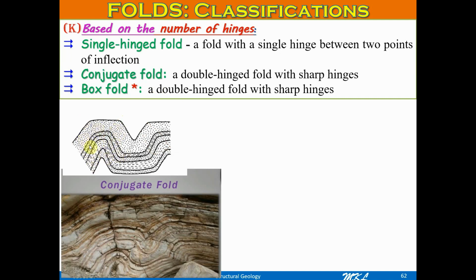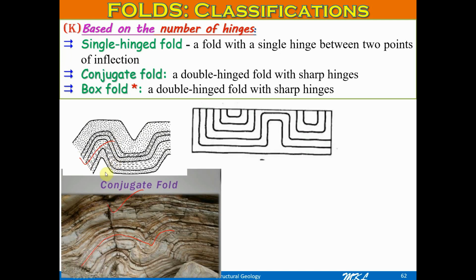See here, a double hinge fold with sharp hinges. You can see that's the double conjugate fold, and this is the photograph of a conjugate fold. And this type of fold is called box fold, and it's very important. It is also easily available in nature. So a double hinge fold with sharp hinges is called box fold.